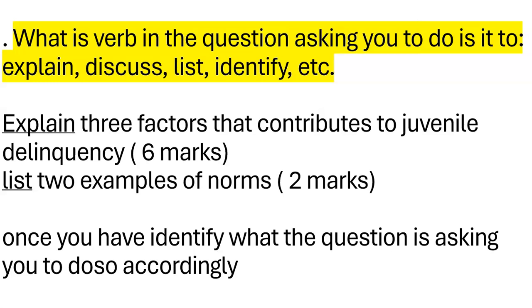Just write your answer. List 2 examples of norms. 2 examples of norms are, and you write your answers. That's it. No examples to clarify anything. You don't need to go in depth with anything. All right.